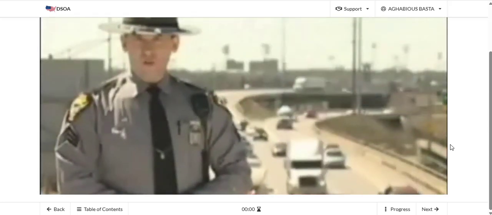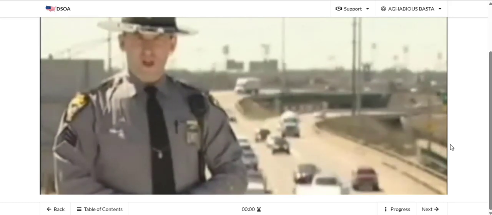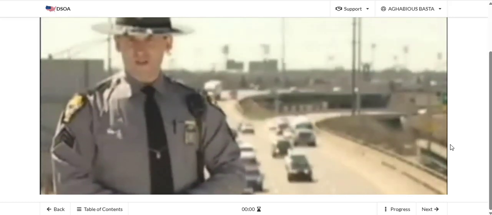Each year, a growing number of officers are involved in injury crashes. Unfortunately, some of these officers do not survive.